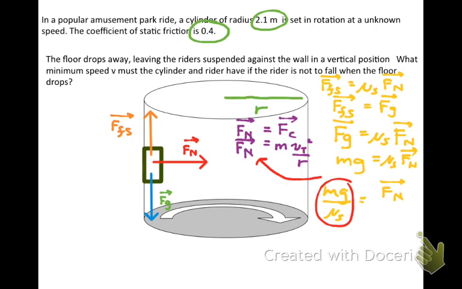What this looks like now is mg, mass times gravity divided by the coefficient of static friction, equals the centripetal force, which is mass times Vt squared over r.